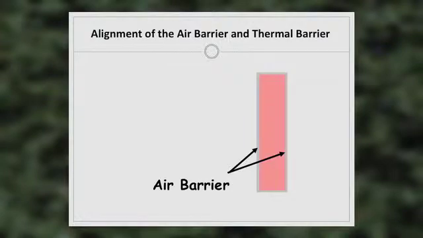In order for insulation or our thermal barrier to be effective, we have to have an air barrier on all 6 sides. When we think about a wall cavity with a fiberglass batt stuck in it, we have an air barrier on 4 sides in that we have a bottom plate, a top plate, and 2 studs. Then we have sheeting on the one side, and then we have drywall on the other.